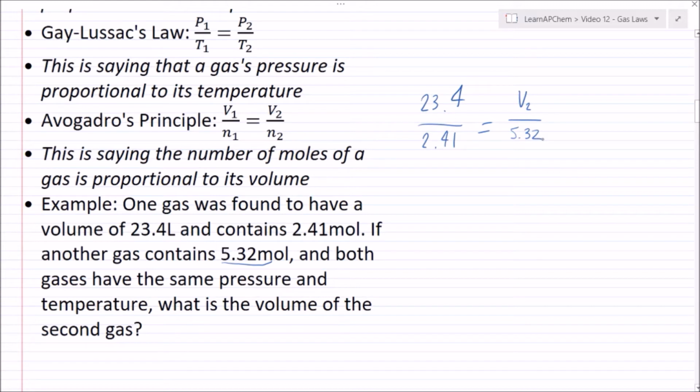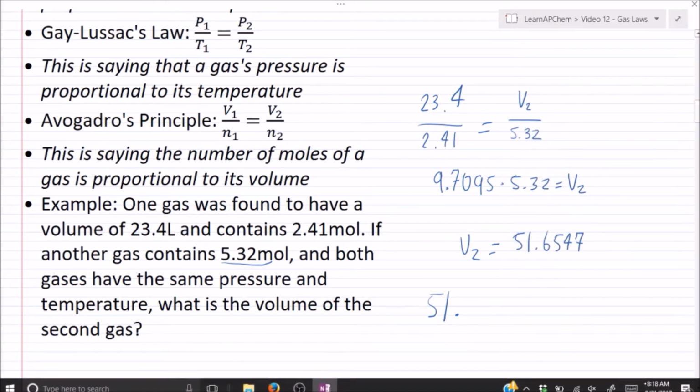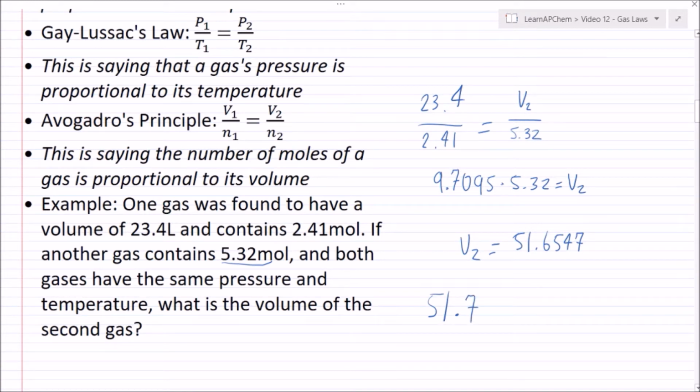Okay, so dividing this first one out, we get 9.7095 times 5.32, because we're just solving for V2. And if we do that multiplication, we end up with 51.6547. We need the right amount of sig figs, which here is just 3, so 51.7 liters.